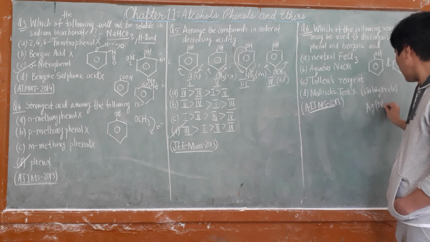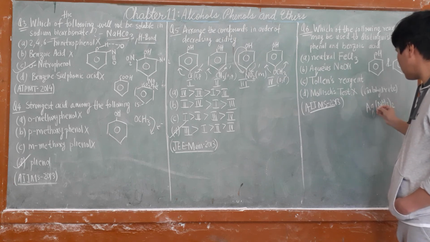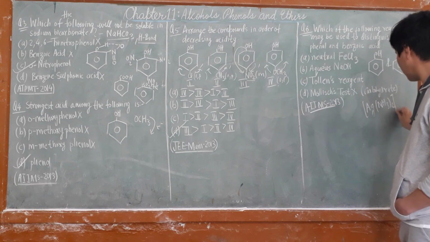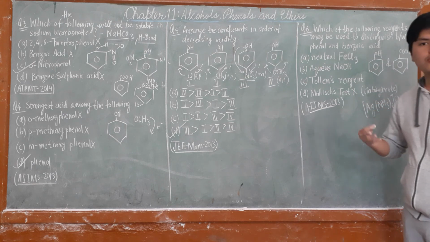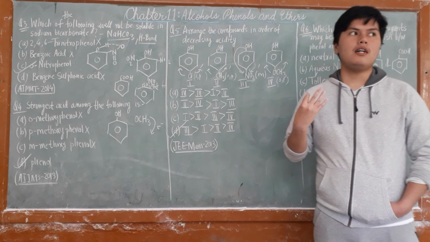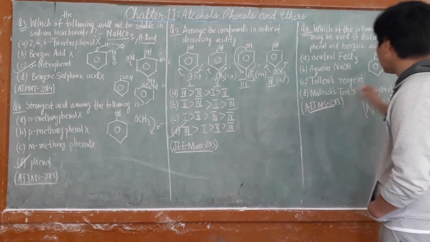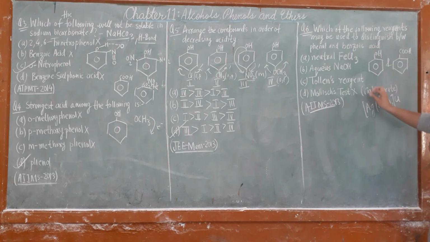This is your Tollens reagent, [Ag(NH3)2]Cl, a coordination compound which is used to distinguish between aldehydes and ketones. So this is not the answer.